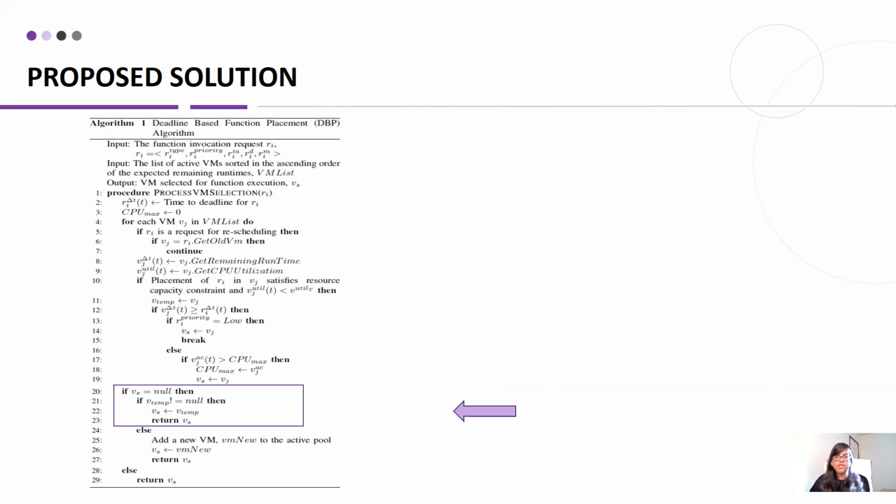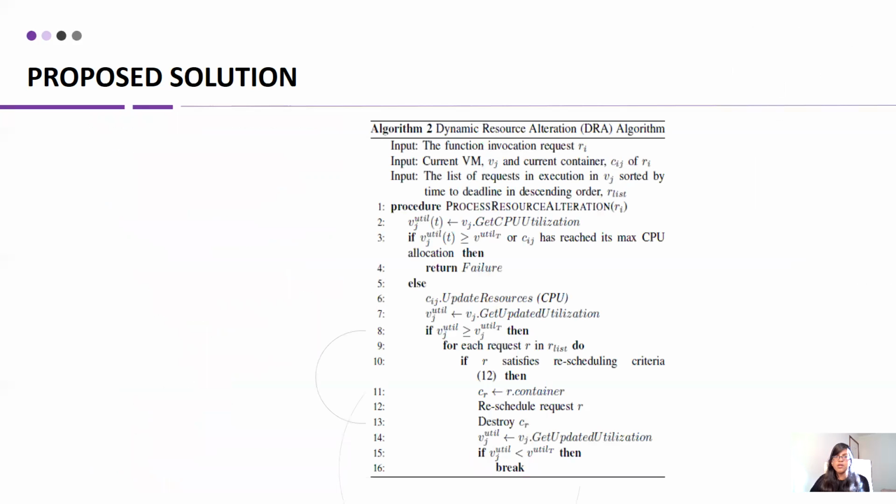If none of the active VMs with sufficient free resources have the required remaining active time, we choose the VM with the highest remaining active time. And if none of the active VMs have sufficient free capacity for the function execution, a new free VM is added to the pool. So that is the function placement algorithm.